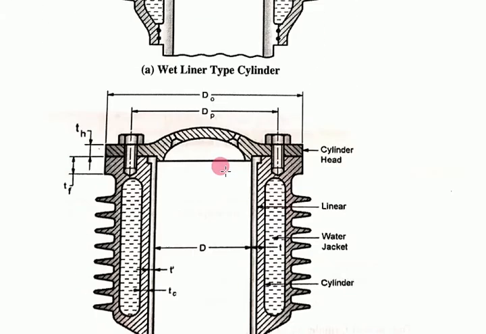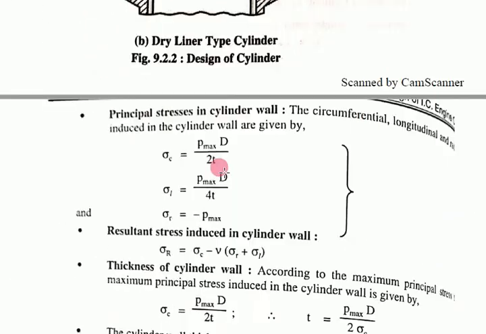Now, next is how we can find the thickness. Our question is to find the thickness of the cylinder wall. Here the circumferential stress, or stress around the cylinder wall, is PD by 2T, and the longitudinal stress is PD by 4T, and the radial stress is equal to minus P maximum.